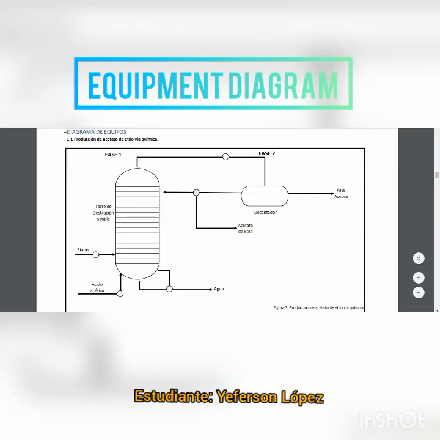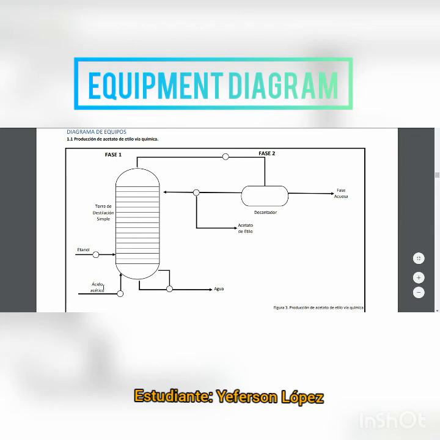In the next diagram, we will present the equipment necessary for the production process of ethyl acetate. As mentioned above, we are going to have two unit operations for which we will use the following equipment. For the first operation, distillation, we will use a simple distillation tower, which we will feed with ethanol and acetic acid.